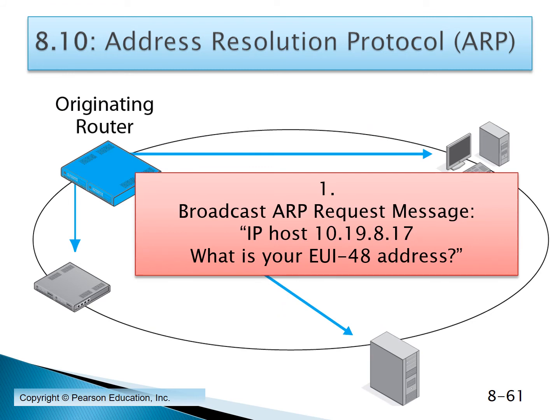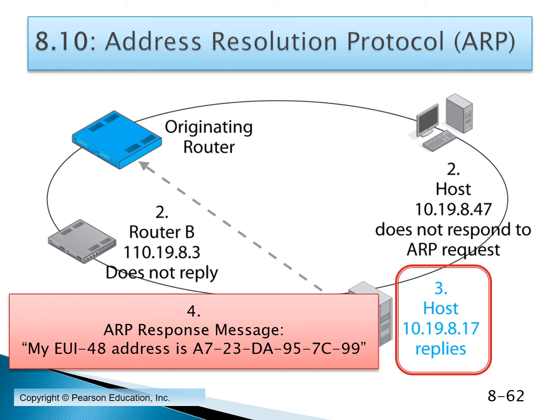In order to know the EUI-48 address of your next router, you broadcast an ARP request message, saying: IP host with this IP address, what is your EUI-48 address? Hosts that are not responsible do not respond to the ARP request. When the host is the one intended, it will reply, saying my EUI-48 address is this.